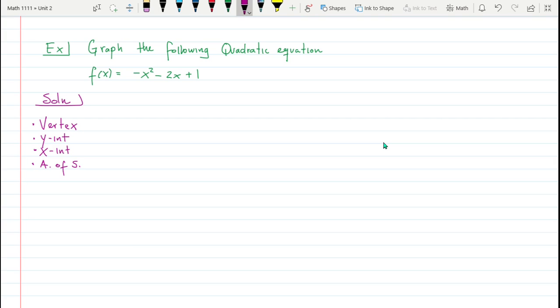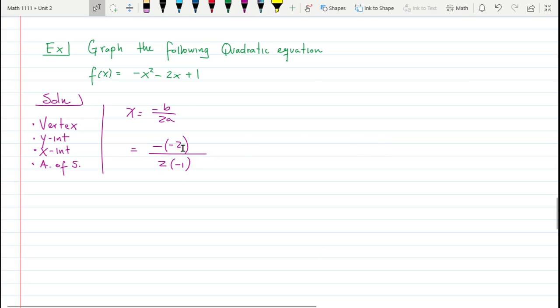Why not? So how do we find the vertex? We do this by first figuring out the x value to be negative b over 2a. And so that is negative of negative 2 divided by 2 times negative 1, right? So negative of the b is negative 2, divided by 2 times a, so 2 times that negative 1.